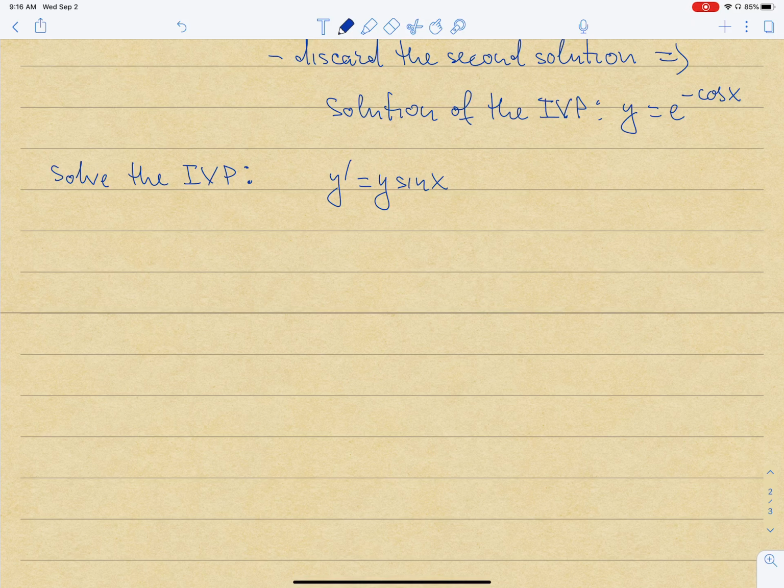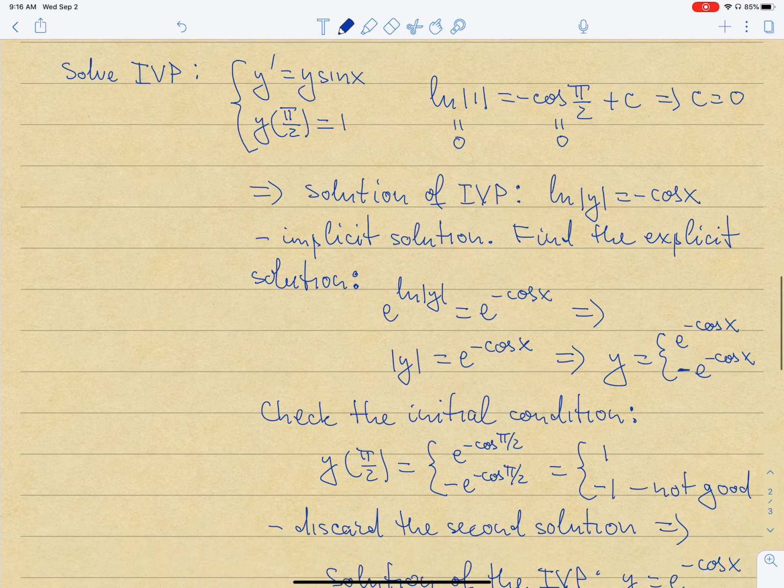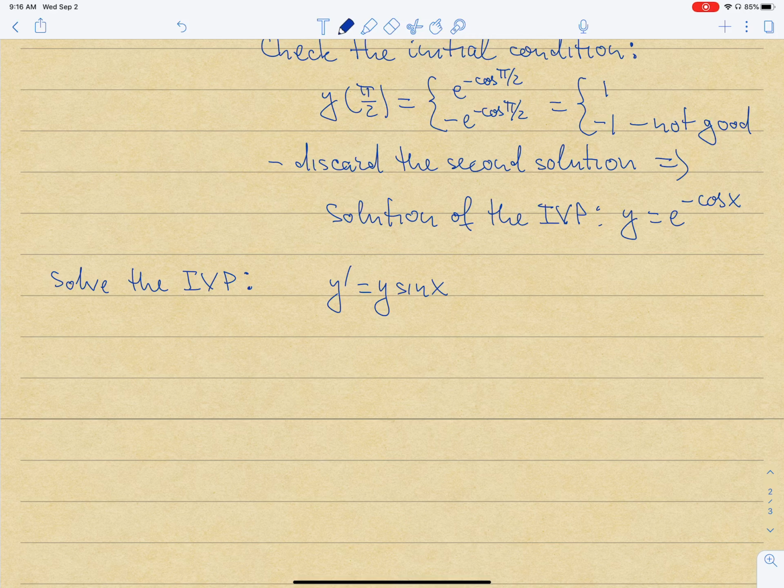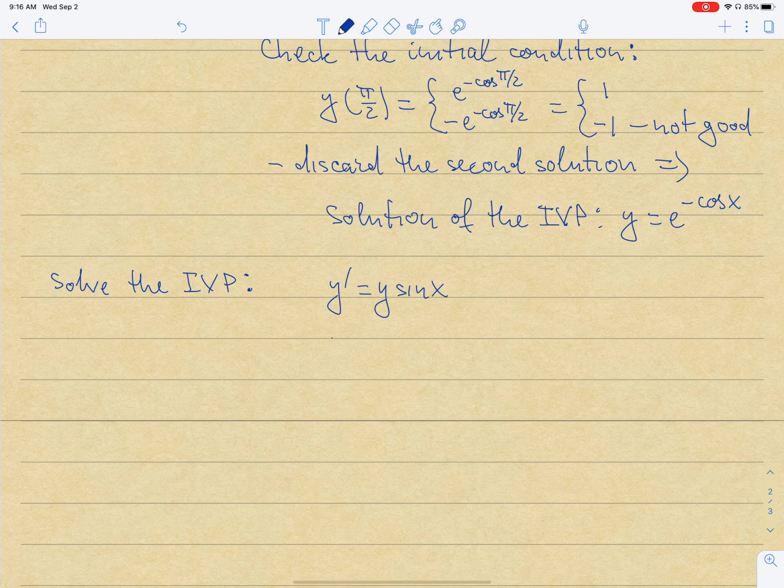But now instead of y of pi over 2 equal to, what was it, 1, I'm going to assume that y of, let's say, pi is equal to minus e.